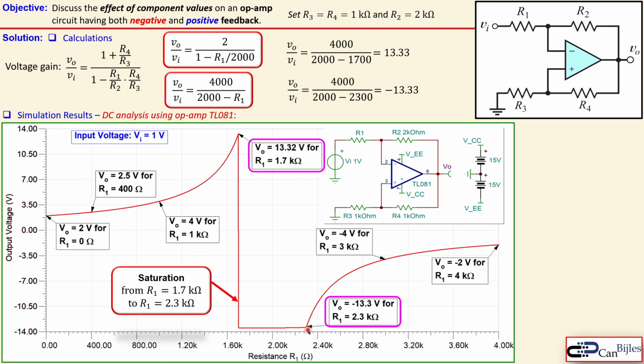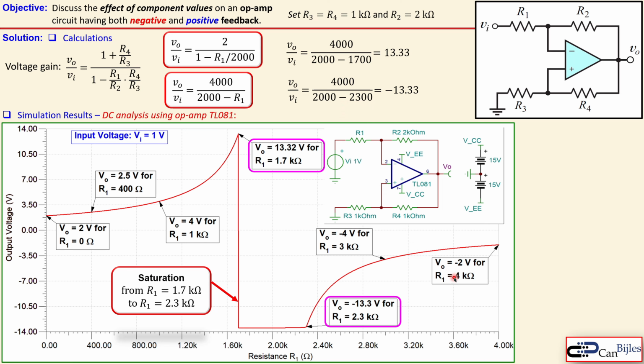That's why this is leveled up to this point, and then if you increase this resistor further, so to 2.5K, 2.7K, then the gain drops, so we will also get here the line which is then increasing, so you get less negative. For 3 kilo ohms you get here minus 4 volts, you can calculate that also here.